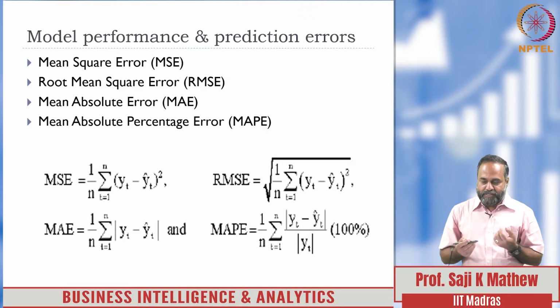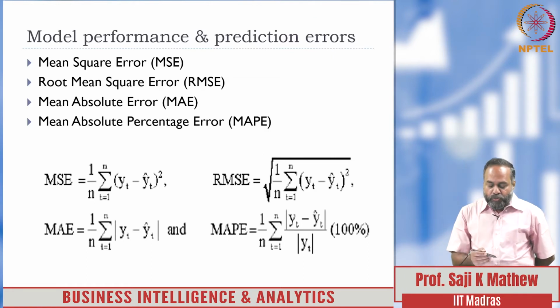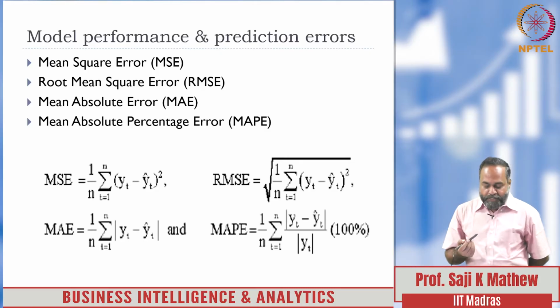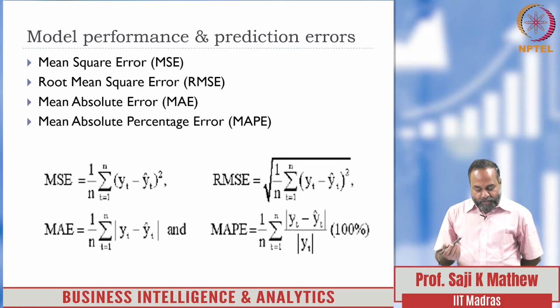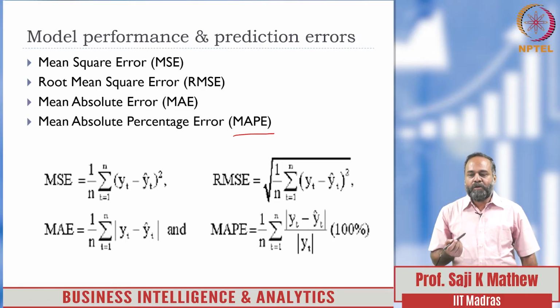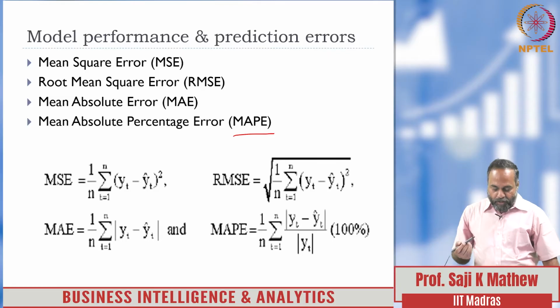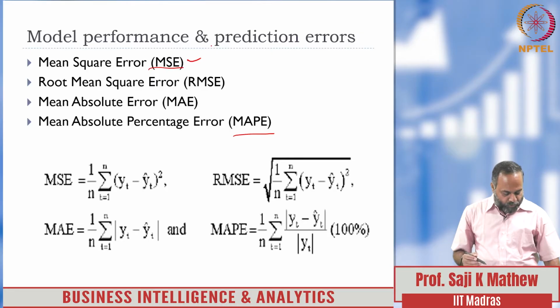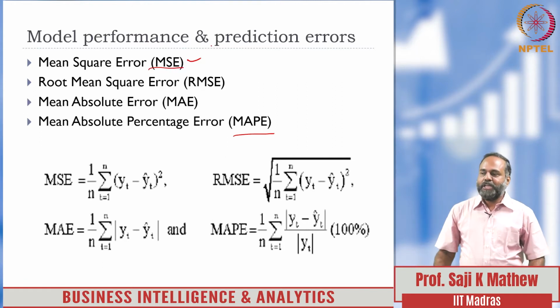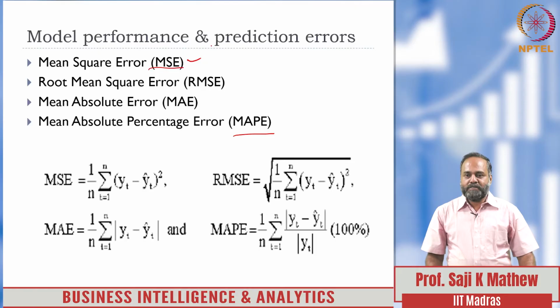Since it is continuous valued time series data, you can use measures like MSE, RMSE, mean absolute error, and mean absolute percentage error, MAPE. MAPE is a ratio, and the rest are not ratios. For the same data set you can compare using any one of them, and MSE is widely used. So that concludes the introduction to stock price modeling.